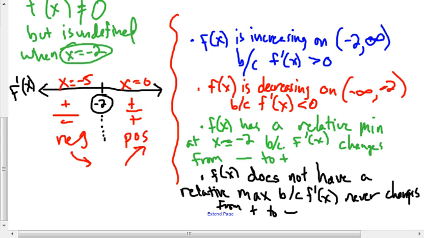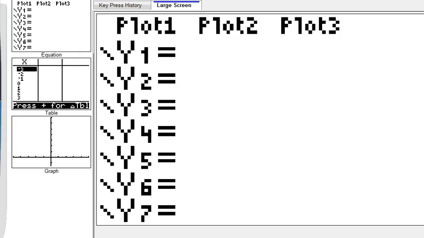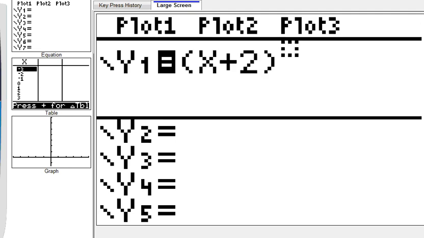All right, let's bust out the graphing calculator and plot this on the graph. So our original function is (x plus 2) all to the 2/3.